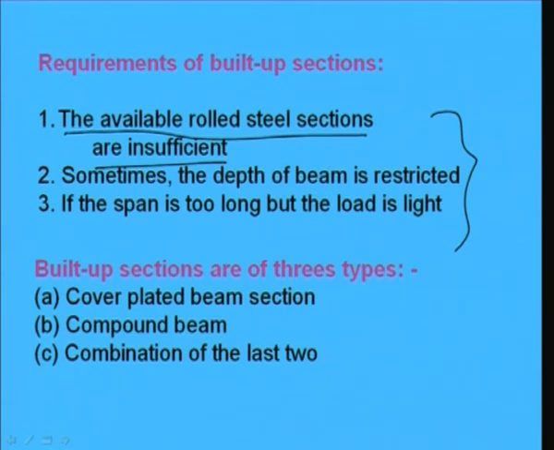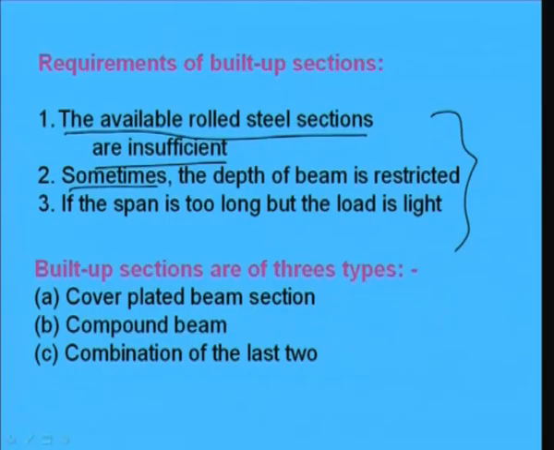If the load is becoming very high, then the available sections may not be sufficient to carry it. So, in that case we have to use some built up section, where additional plates or other members will be used. Sometimes the depth of the beam is restricted. Suppose we cannot go beyond a certain depth.